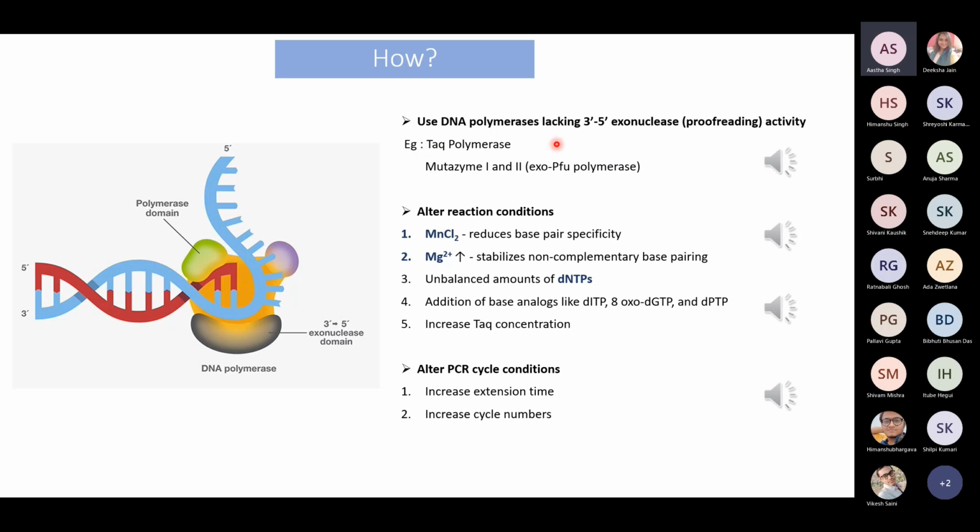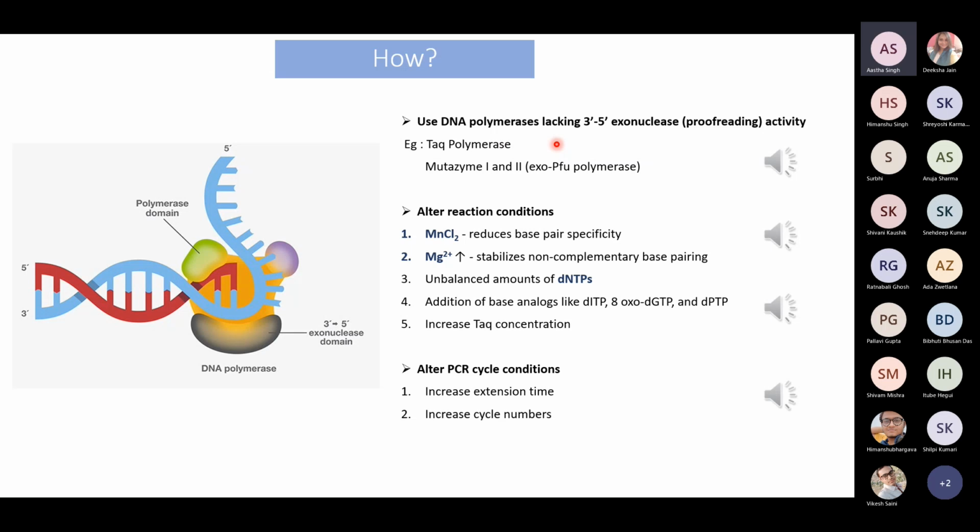Taq polymerase is still used in the labs because its error rate is fairly low. It incorporates an error in one base out of 10 to the power 4 or 10 to the power 5 bases.